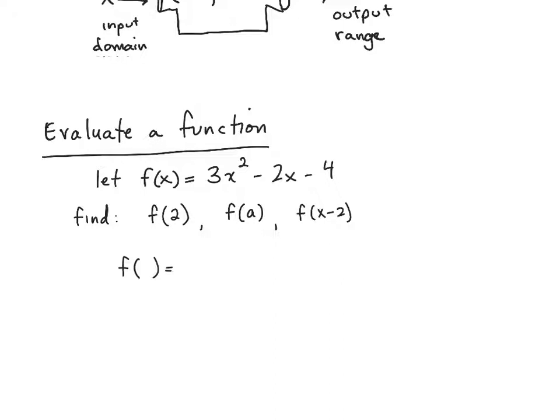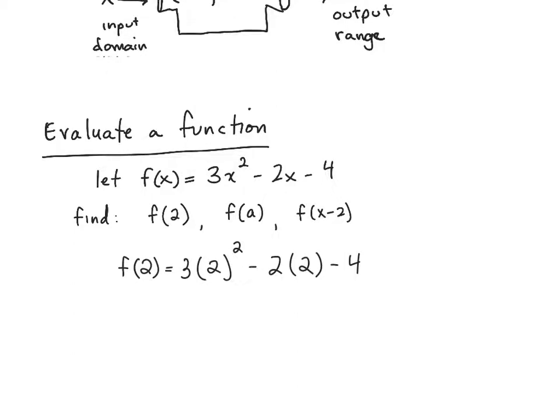So instead of f of x, I'm going to say f of some input is equal to 3 multiplied by that input squared minus 2 multiplied by that input minus 4. And then you can put whatever input you want. You could put a 2 in there, you could put an a in there, you can put an x minus 2. Anytime you have an empty set of parentheses is where that input is going to go.